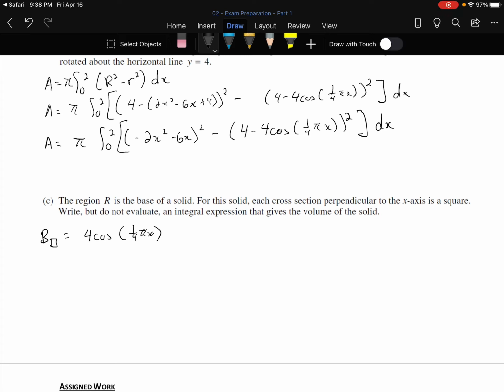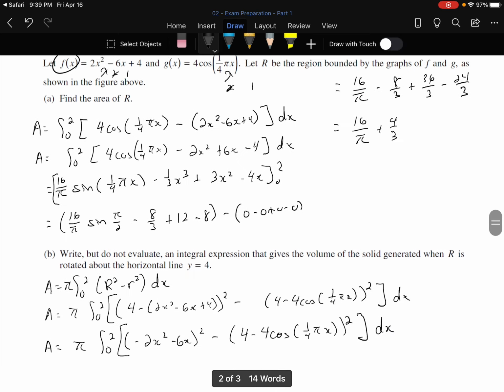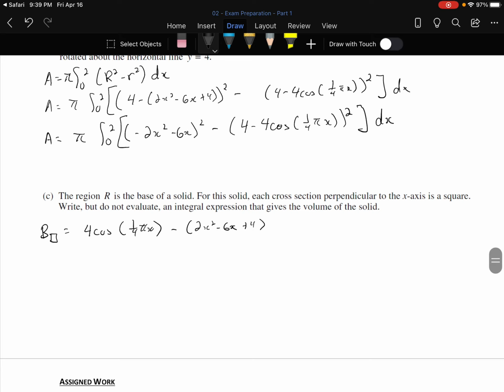And then the lower is the 2x squared minus 6x plus 4. Was it plus 4? Yeah, plus 4. So I'll simplify that down now while things aren't too crazy symbol-wise. And so that's 4 cos 1/4 pi x minus 2x squared plus 6x minus 4. That's the base of the square.